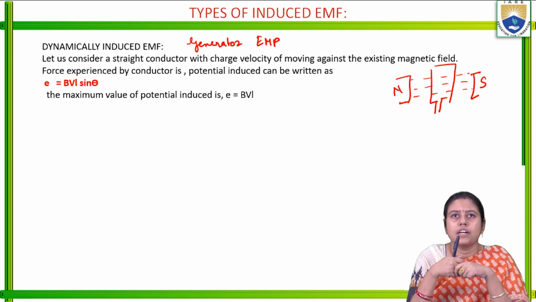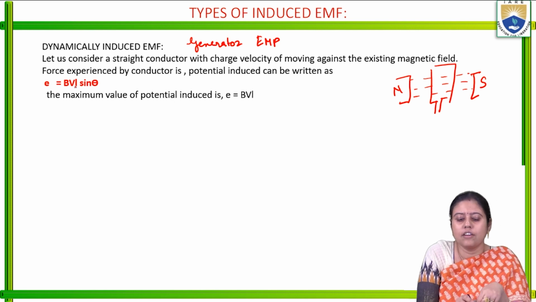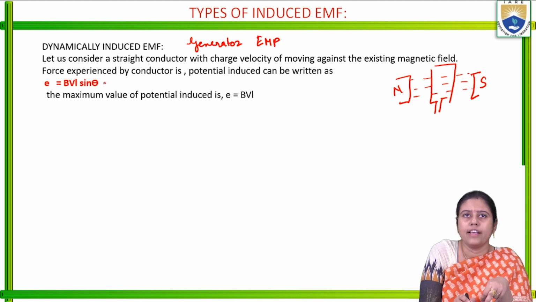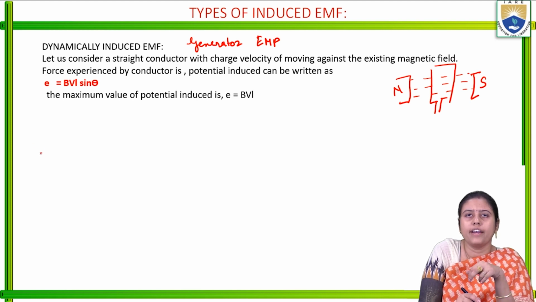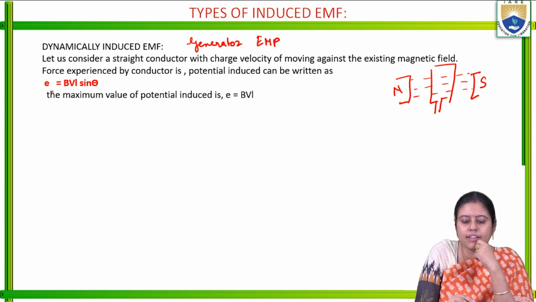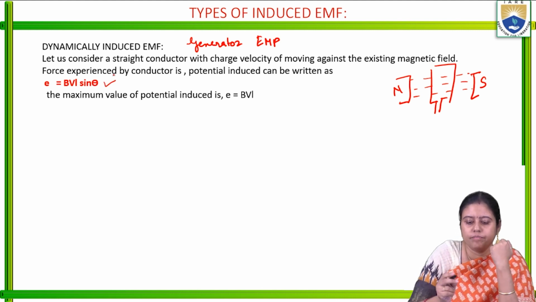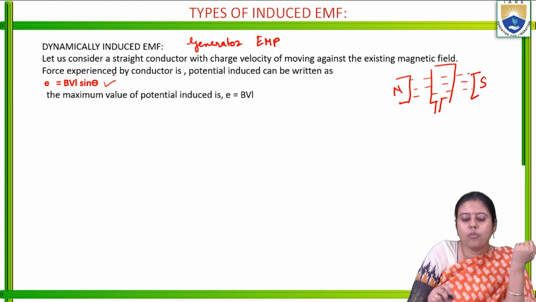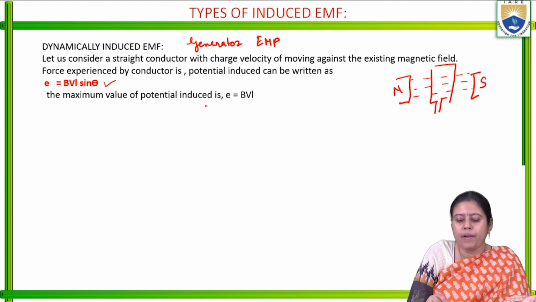Some current will come. So E is equal to BVL sin theta, and then we are getting the value. The potential induced can be written as E is equal to B V L, where L is the length of the conductor, into sine theta. And what is the maximum value of the potential?